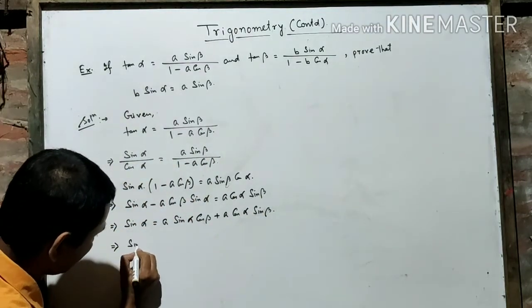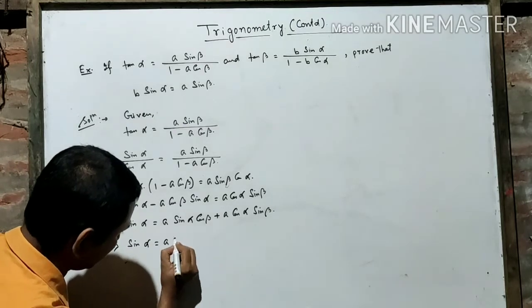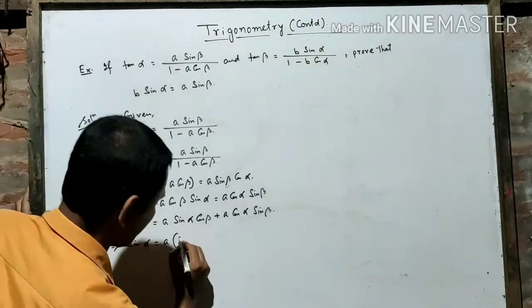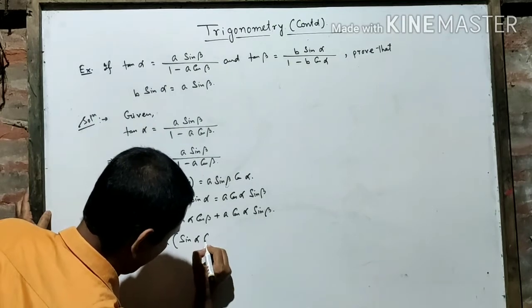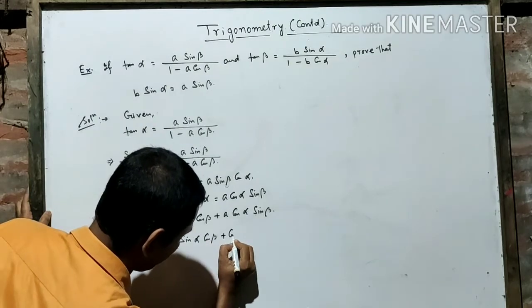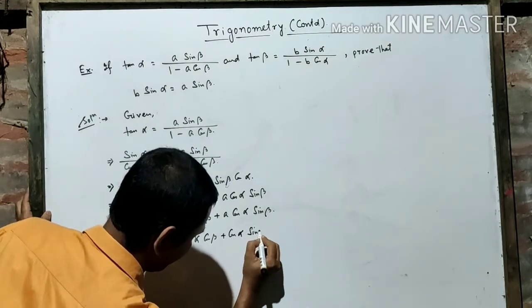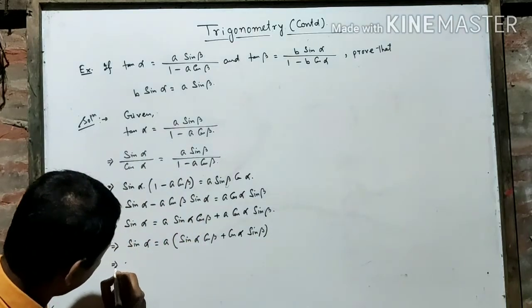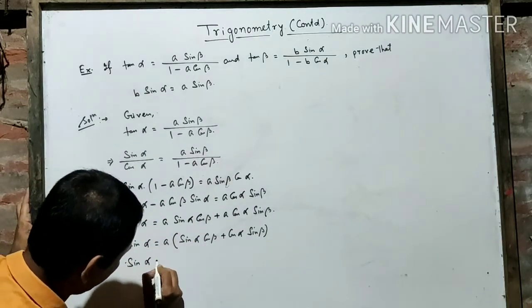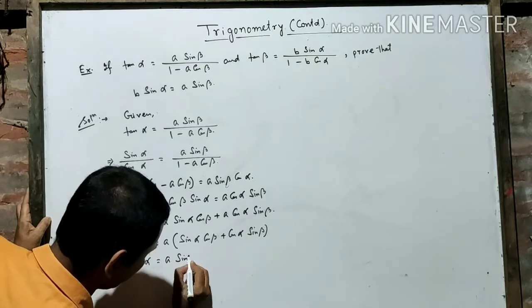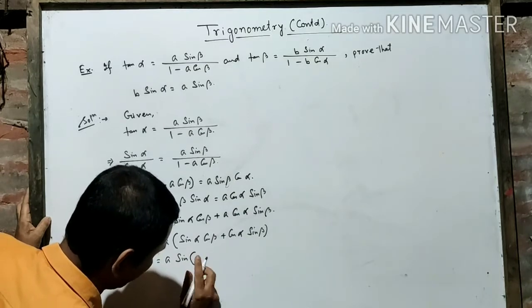This implies sin alpha is equal to, if you take a common, a times sin alpha cos beta plus cos alpha sin beta. This implies sin alpha is equal to a sin of, what is this? This is alpha plus beta.